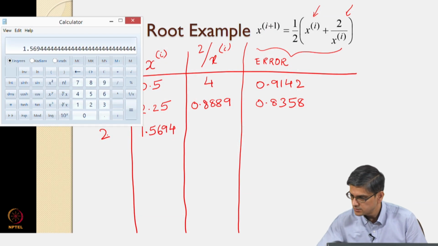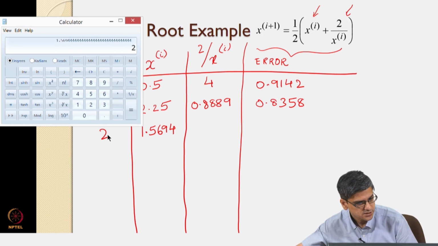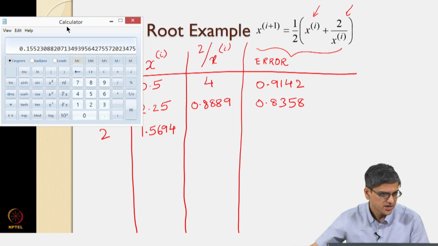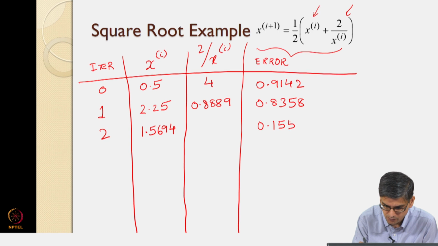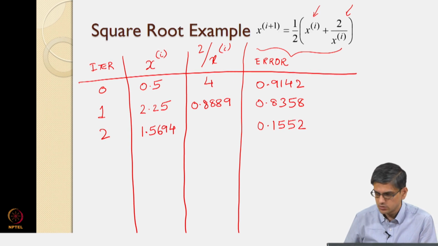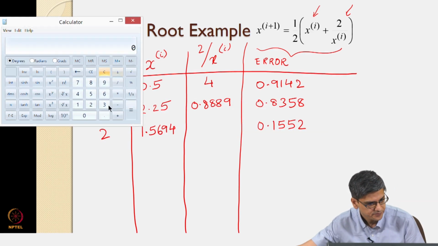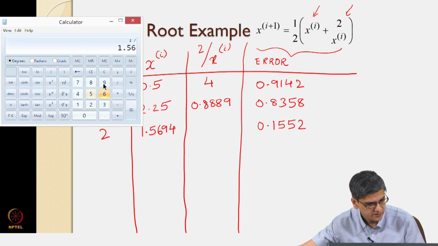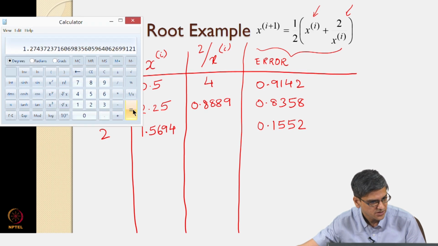What is the error? The error is 1.5694 minus square root of 2, which equals 0.1552. So what is going to be 2 divided by x? It is 2 divided by 1.5694, which is equal to 1.2744.